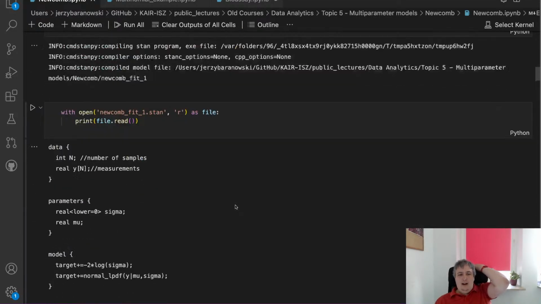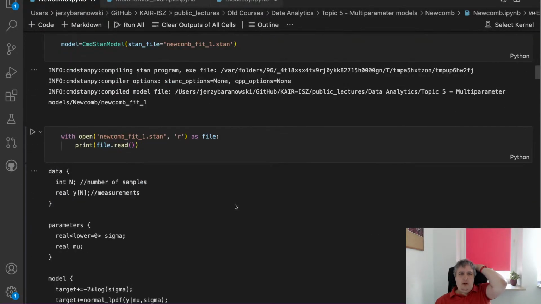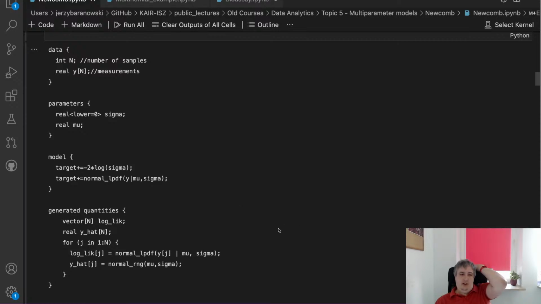And we can simply create a model that will fit our data using the presented non-informative priors. Because we are using logarithmic parameterization, the logarithm of 1 over sigma squared is -2 log of sigma, which is added to the logarithmic target function, and we are adding a logarithm of the normal probability density function, so y values are conditional on mean and sigma.